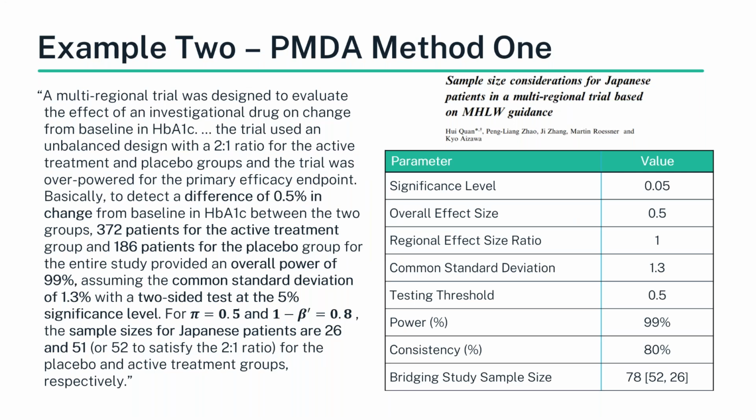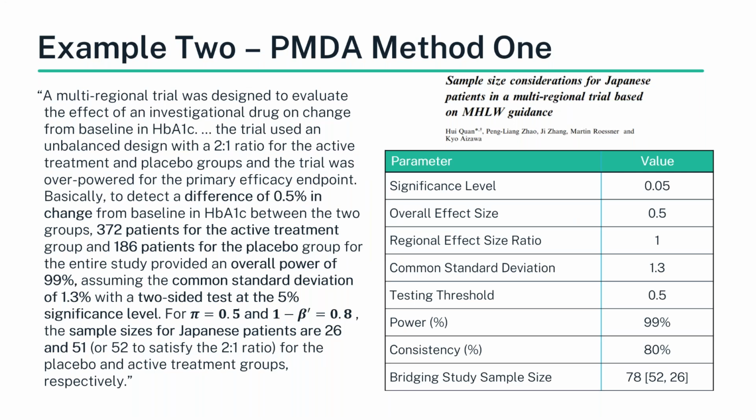And so with 372 patients in the treatment arm and 186 patients in the placebo group, the study had an overall power of 99%, assuming a common standard deviation of 1.3% and a two-sided test at the 5% level of significance.